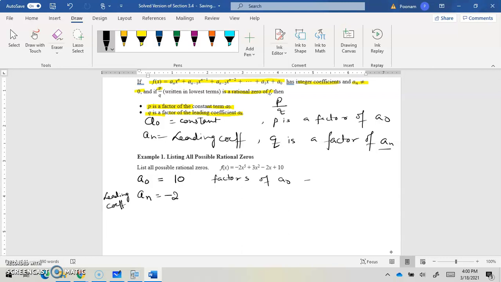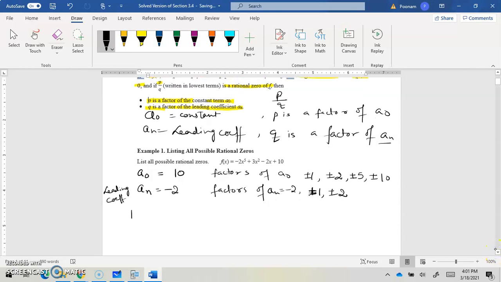Factors of 10 are plus minus 1, plus minus 2, plus minus 5, and plus minus 10. What are the factors of a_n, which is negative 2? They are plus minus 1 or plus minus 2.